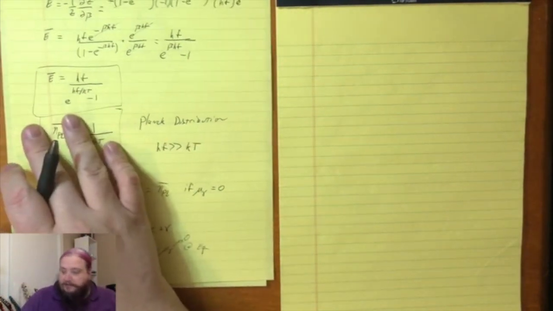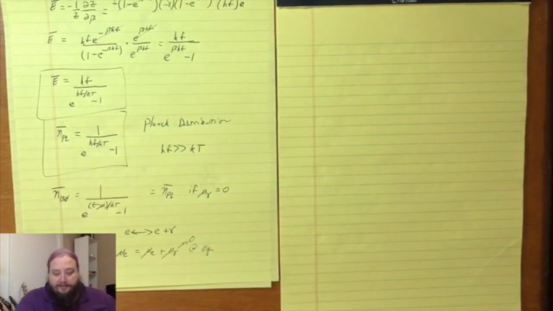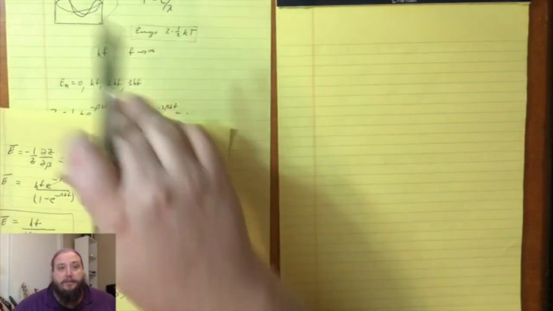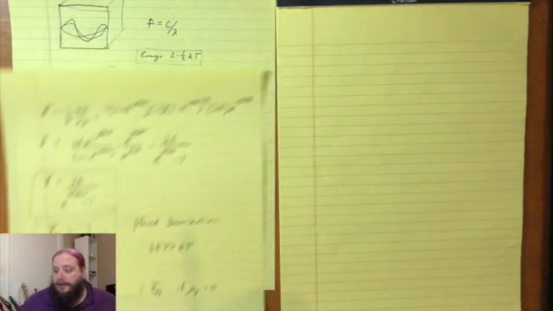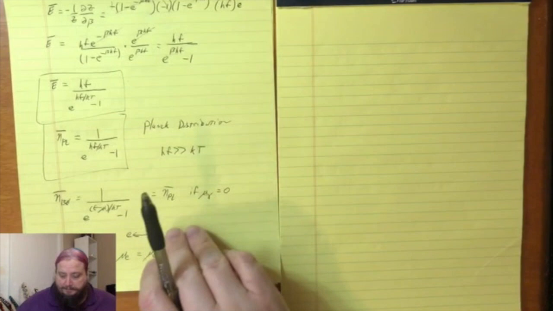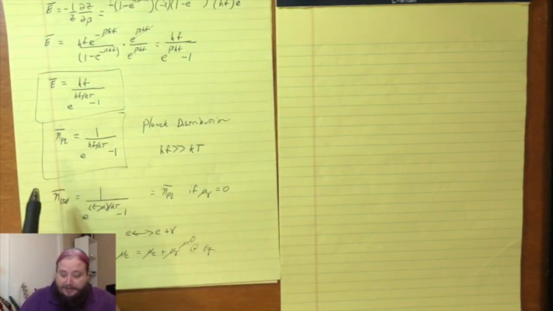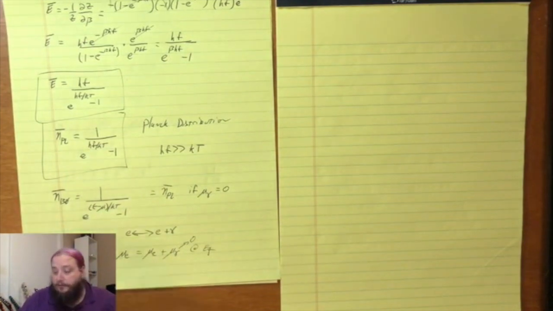All right, so this distribution here tells us how many photons occupy each of the various harmonic modes in our hot oven, in our hot cavity. If we want to calculate things like the total number of photons in our oven or the total thermal energy in our oven, then we would just need to sum these quantities over all of the allowed modes.